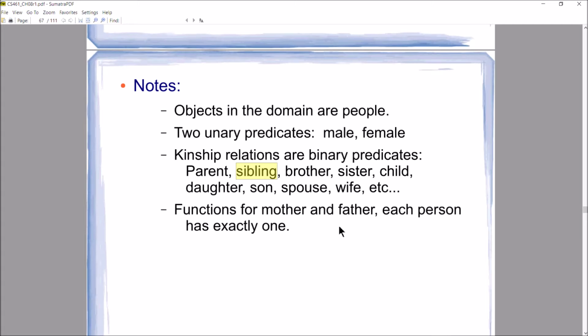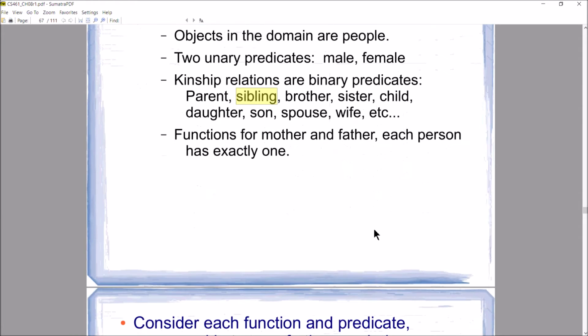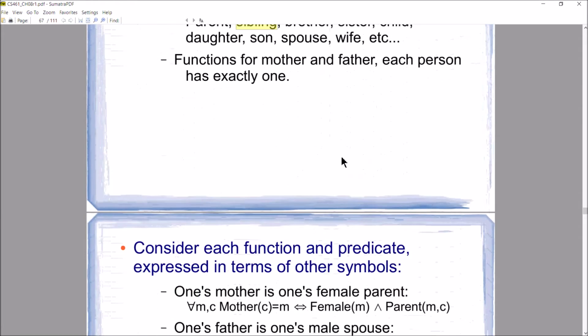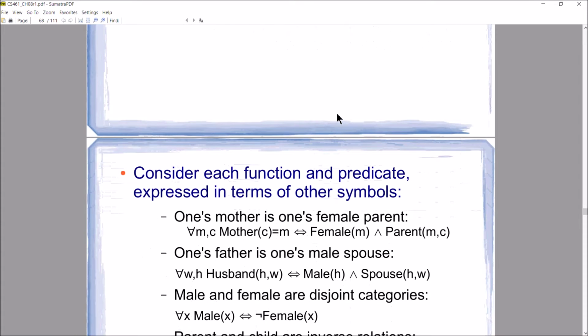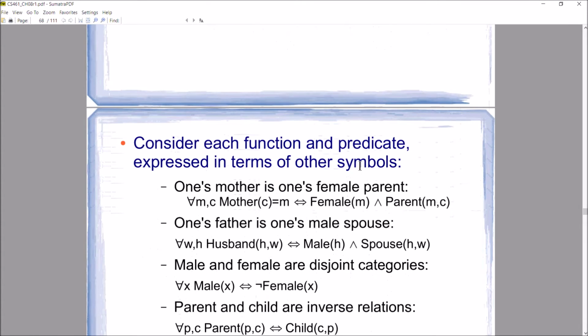And again, these aren't functions in terms of programming, C++ functions, right? These are functions in the context of the logic that we're studying that's trying to map one input to one output. That's why we had those leg functions, for example. So we could have a function that's going to map one father to one son, okay? One mother to one person. Okay, so we can consider these functions and predicates in terms of other symbols, right?